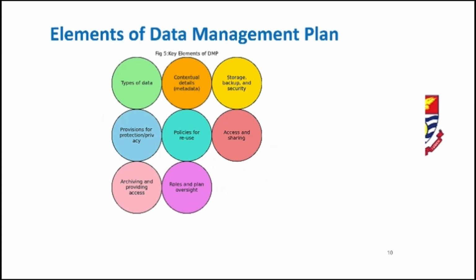A good data management plan should be crystal clear about the types of data involved in the research process. Contextual details from the perspective of metadata are relevant. Issues on storage, backup, and security to avoid data corruption and complete loss of data must be incorporated.